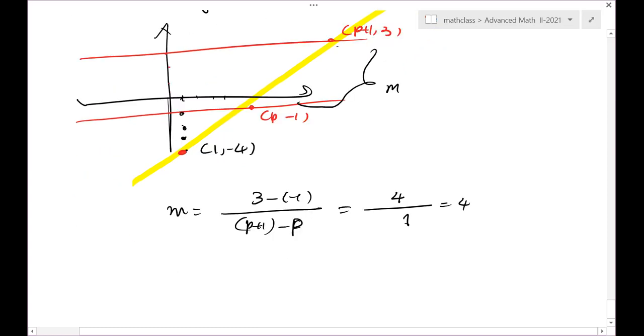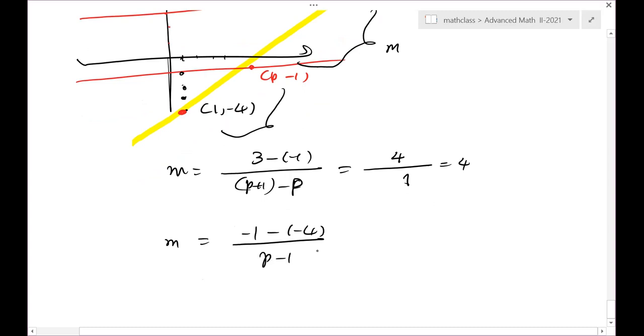Once you get the slope, you can use this pair of points to determine the value of P. The difference of the y coordinates is negative 1 plus 4, that'd be 3.